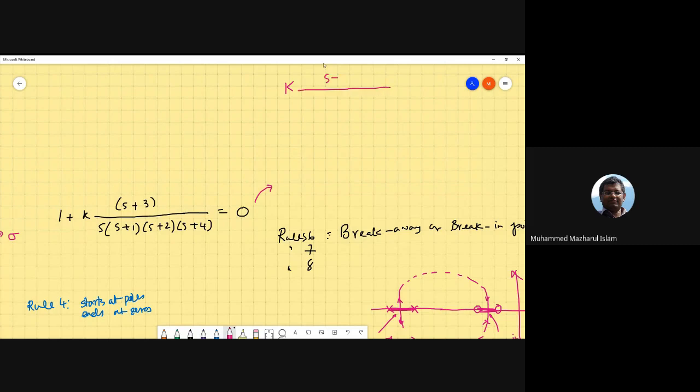So k into s plus 3 into s plus 1, s plus 2, s plus 4 is equals to -1, subtracting -1 from both the sides. Therefore, k is equals to minus s into s plus 1, s plus 2, s plus 4, and divided by s plus 3. This is our k.